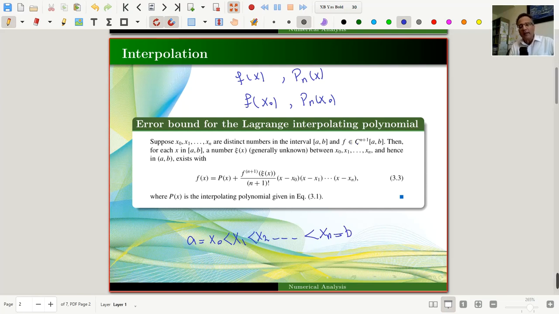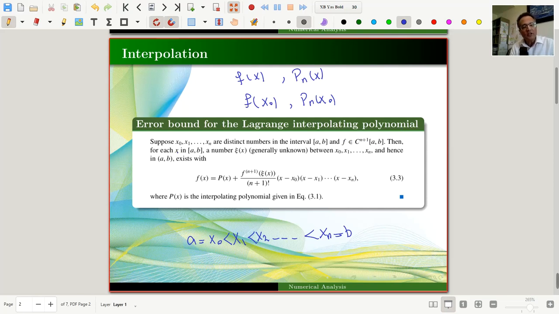And suppose that f is a function in C^(n+1) over the interval [a, b]. It means that f and the derivatives of f up to order n+1 exist and are continuous on the interval [a, b].